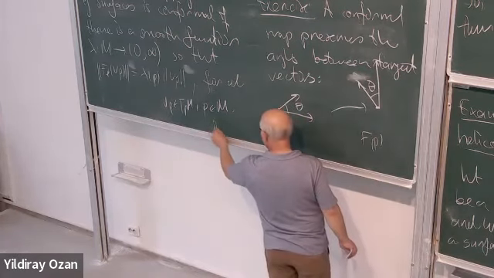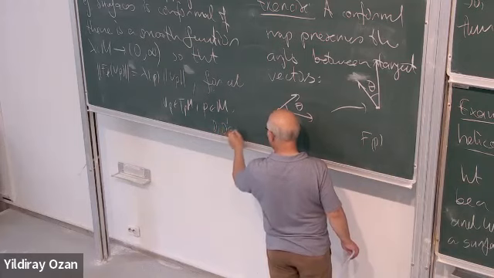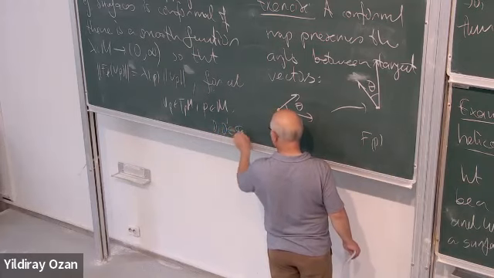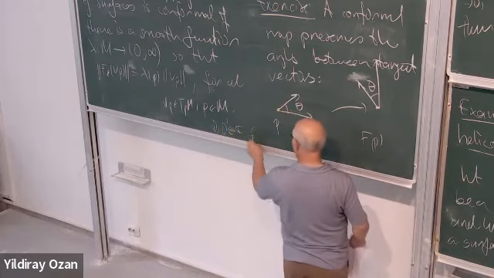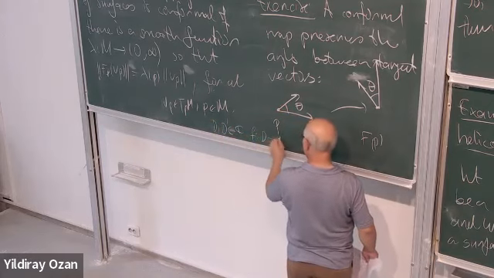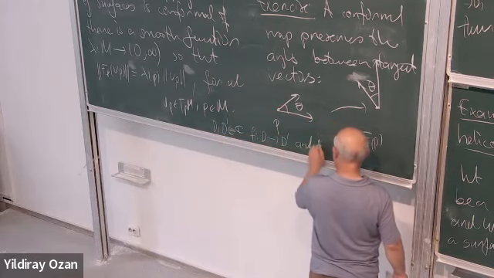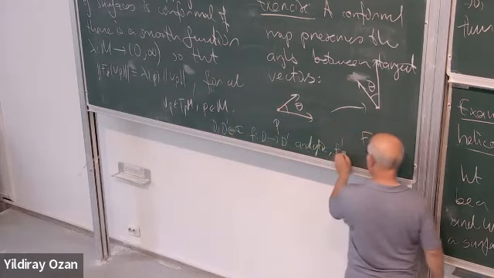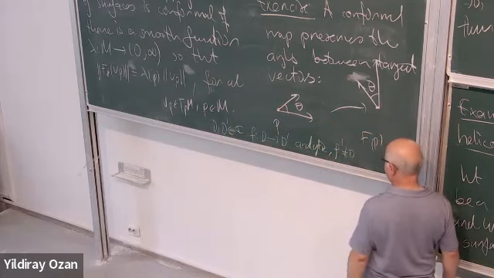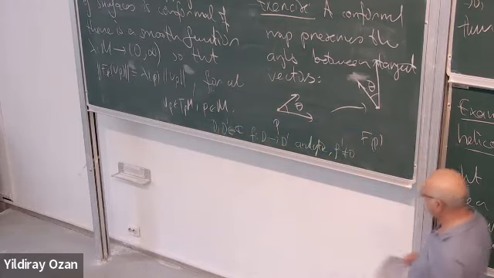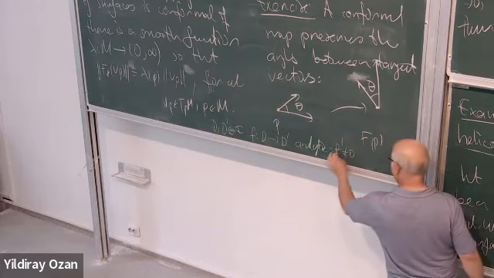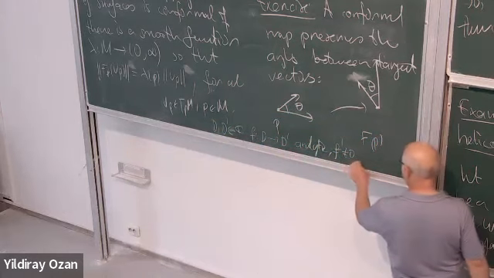So if B and B prime are complex domains, and f is a function between them, and if the derivative is not 0 at any point on this domain, then f is conformal.